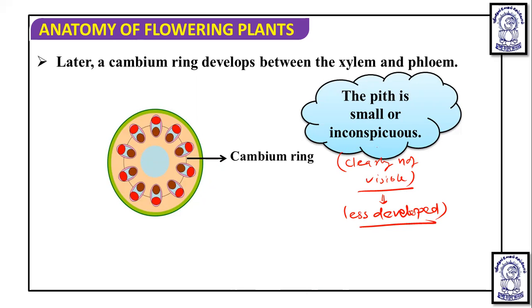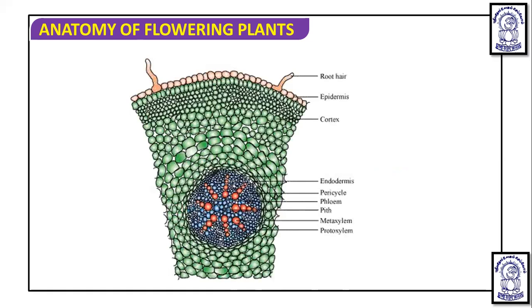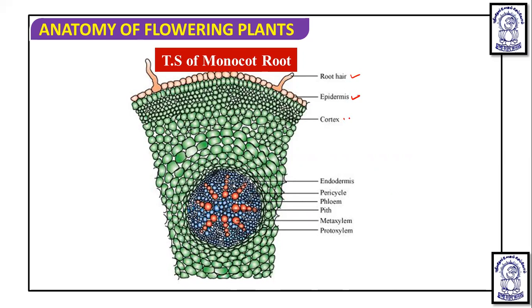So this is the anatomical arrangement of the different tissues in the dicot root. Now let's talk about another one, that is monocot root. When we compare this monocot root with the dicot root, here also you will see the presence of epidermis, root hair, cortex.